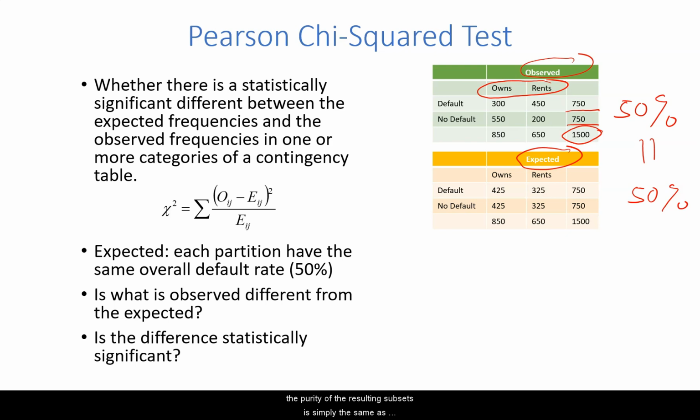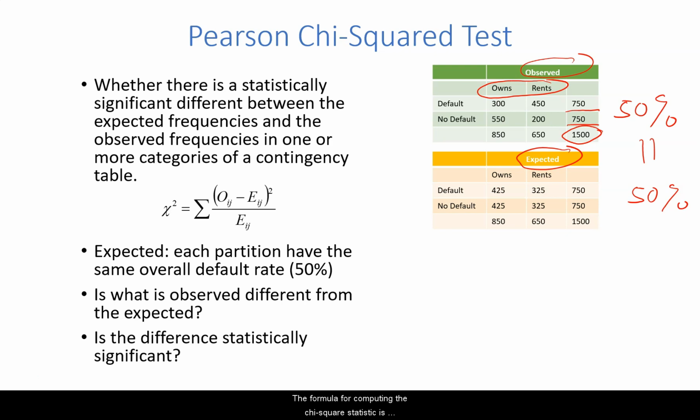The purity of the resulting subsets is simply the same as before the split. Chi-squared test allows us to test whether the values in two contingency tables are statistically different from each other. As the expected contingency table represents an impure subset, the more different the observed contingency table is from the expected table, the purer the resulting subsets are, and the better the split.